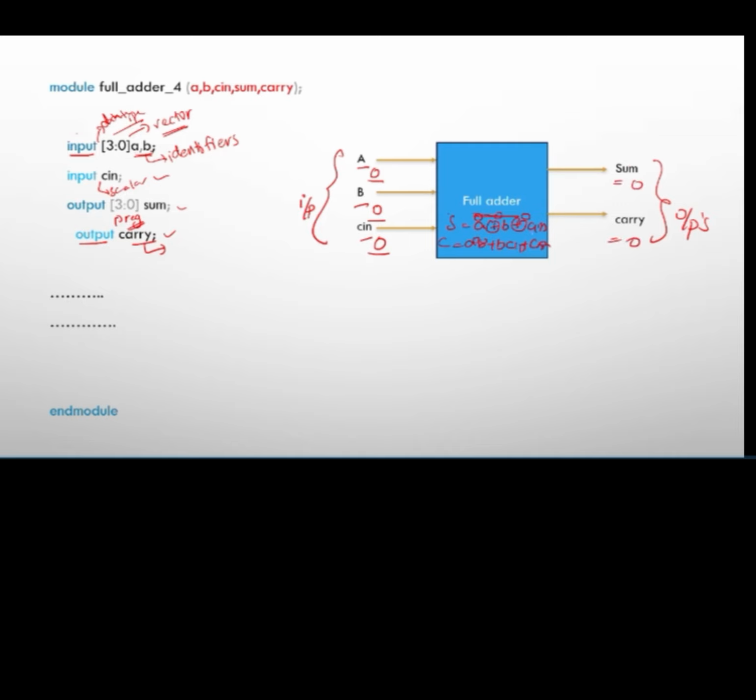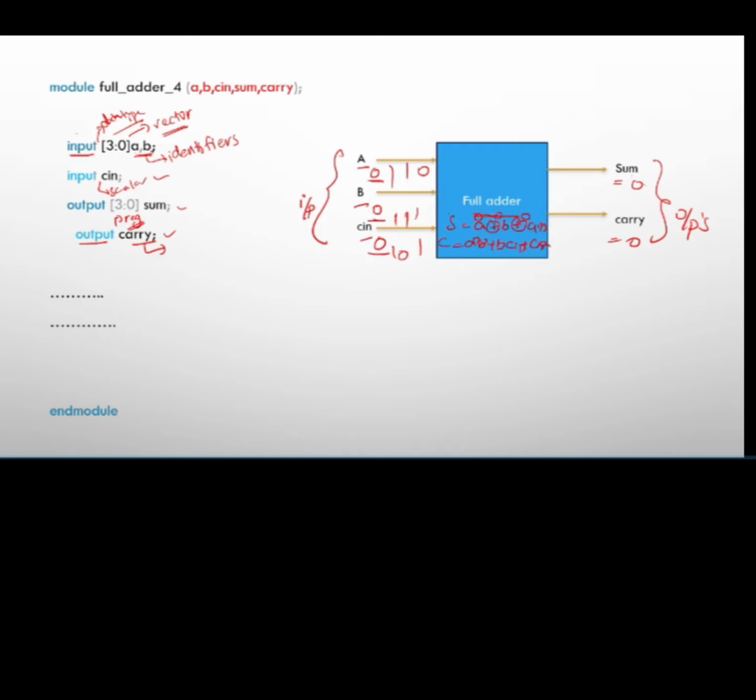So 000. As soon as that is over, we drive one more value, like 111 or 110 or 001. So continuously we are driving the values. Then the logic is done.